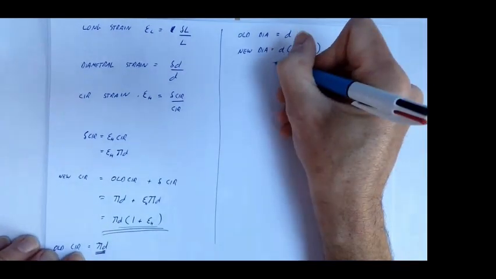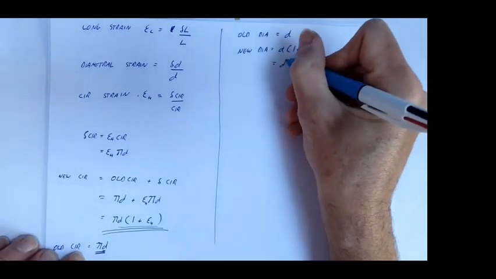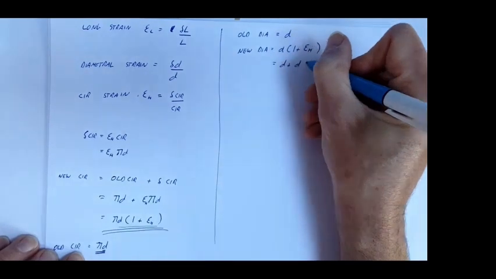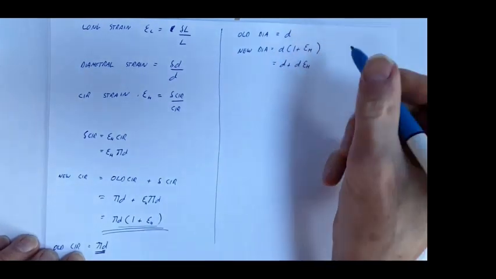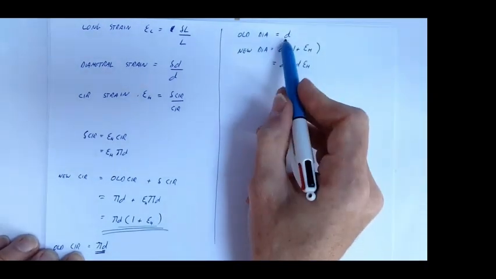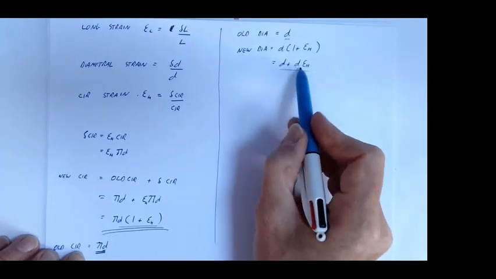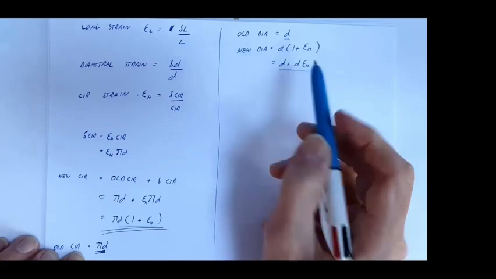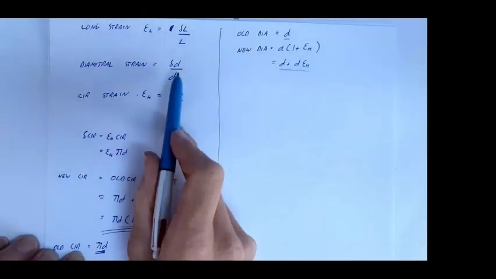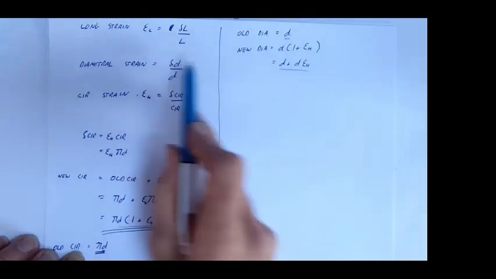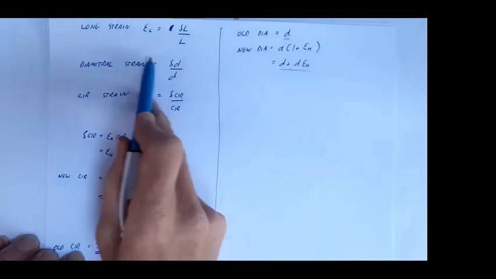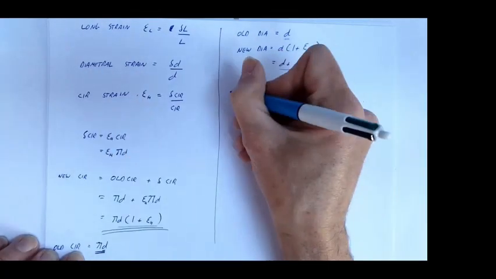Which clearly is d plus d times by the hoop strain. So we can see the old diameter was just d, the new diameter is d plus this bit. So this is the change in diameter. Okay, so we now know what the change in diameter is. It's this. So we can work out what our diametral strain is.